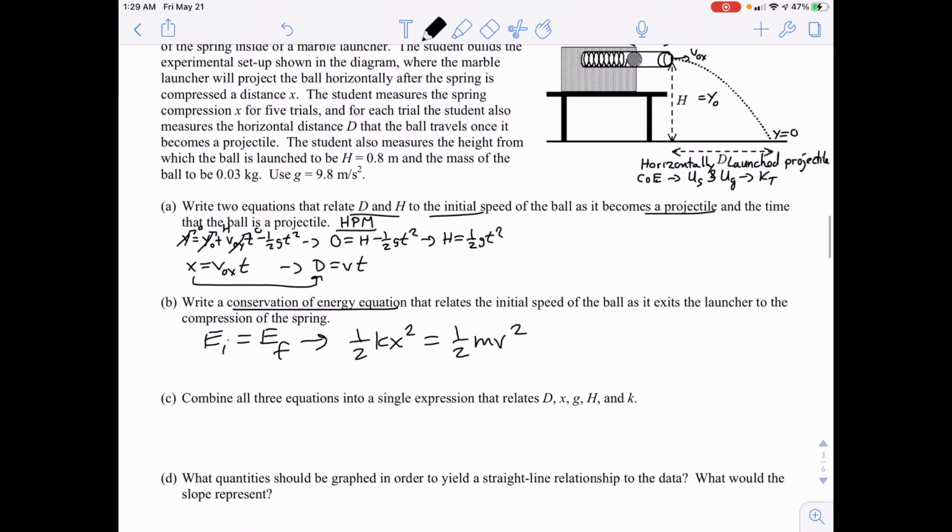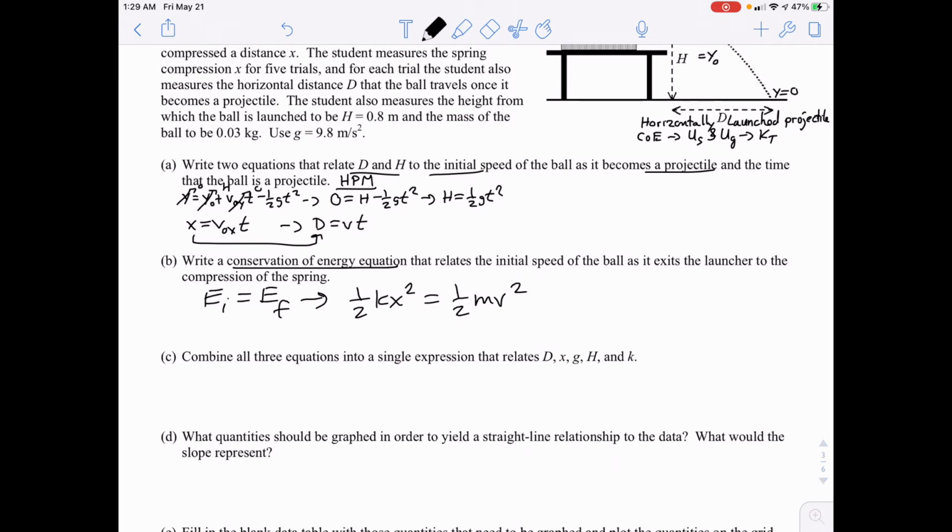Now we're just going to use some substitution here, and we're going to combine all three equations that essentially relate those five variables: distance over the edge of a projectile, x, the compression of the spring, g, the acceleration due to gravity, height, the h above the floor, and k, the spring constant. So here's where we can start.